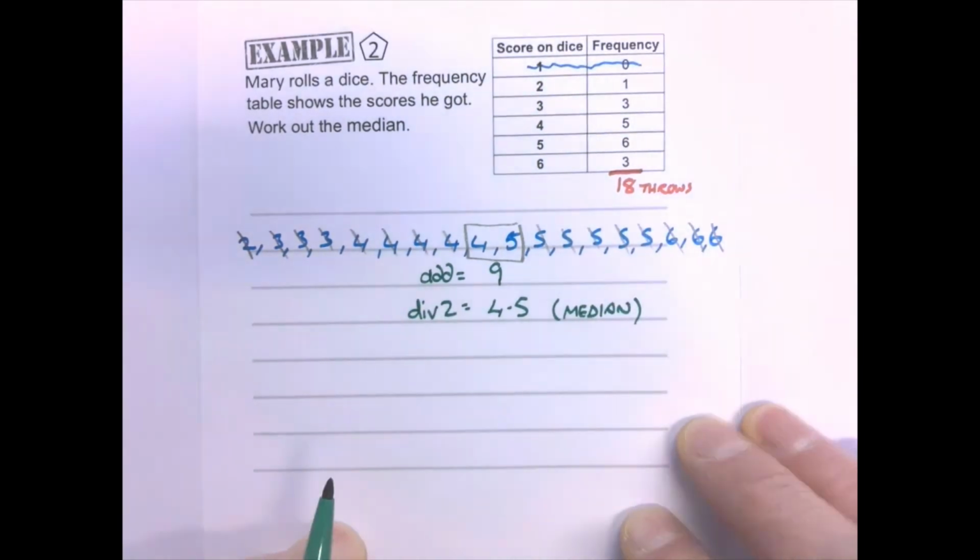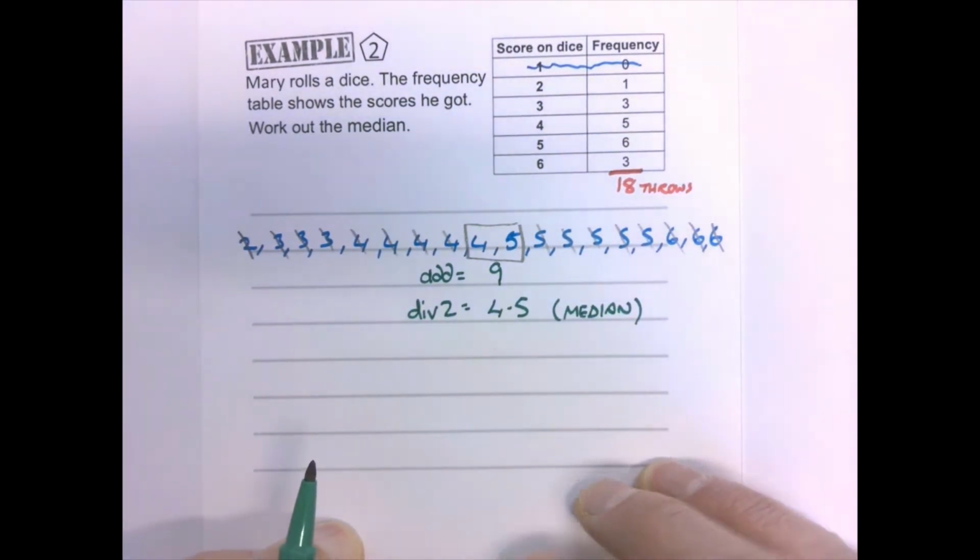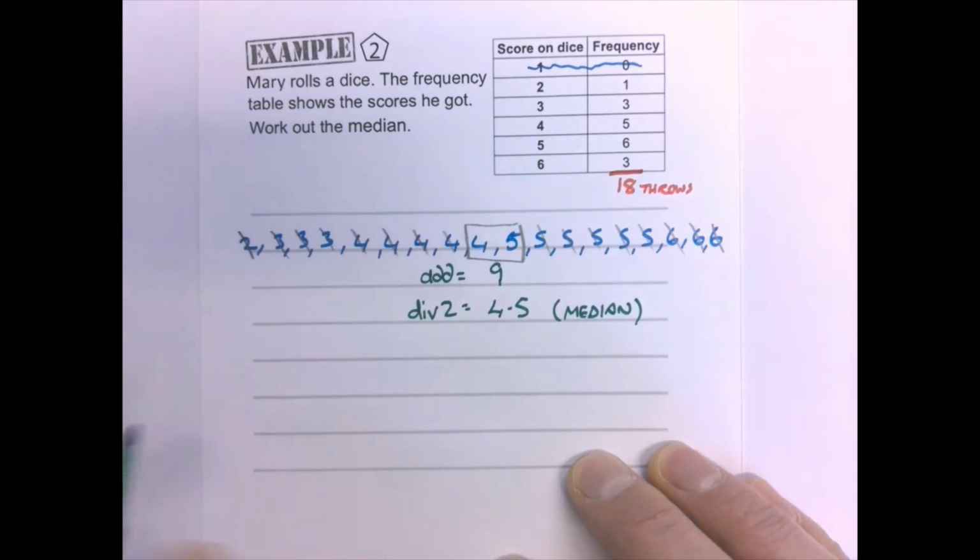Okay, now from a table like this, there's a slightly quicker way of doing it. And what we have to know is that when we've got 18 throws, so let's have a look at this.